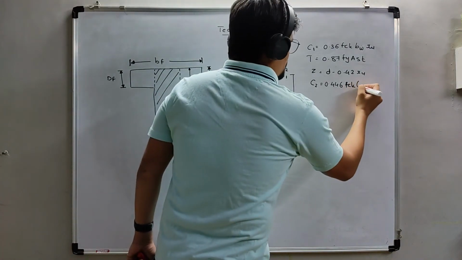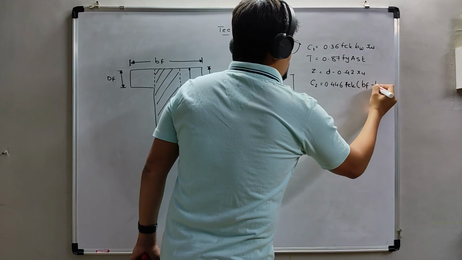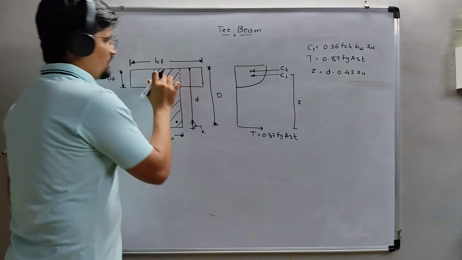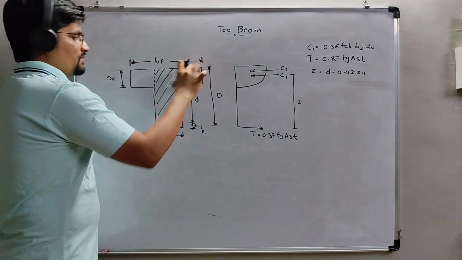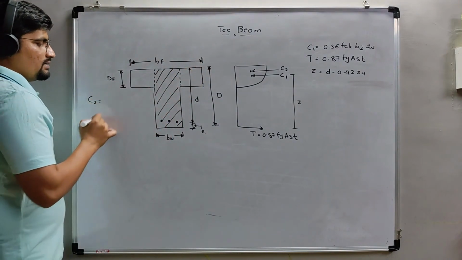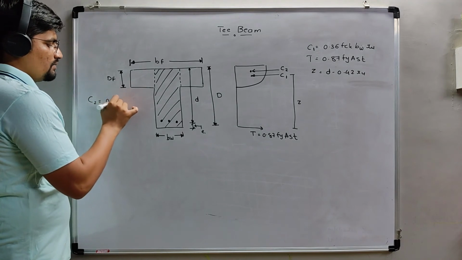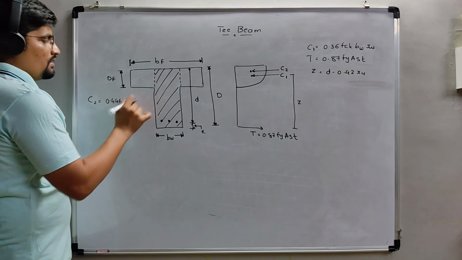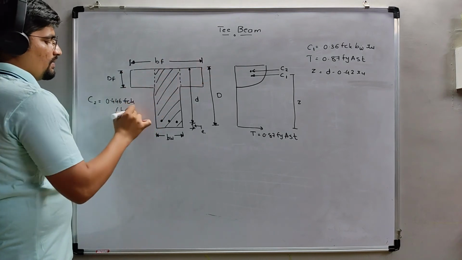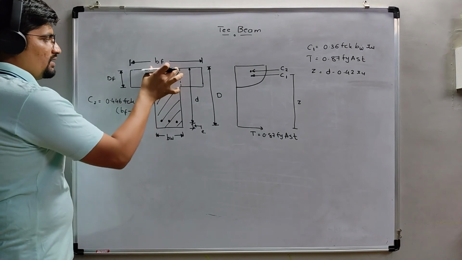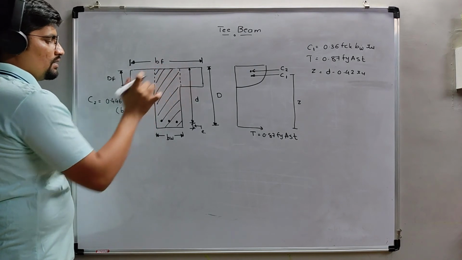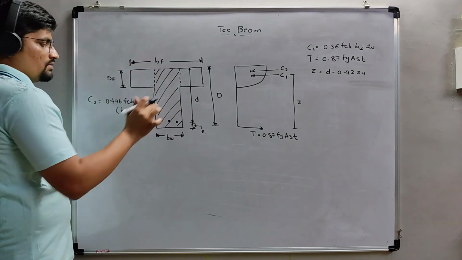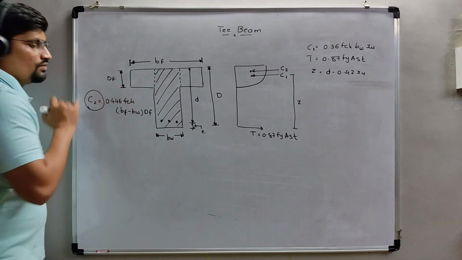So the left portion is bf minus bw. So C2 will be 0.446 fck (bf minus bw), meaning from this total length we deduct this portion, into Df, this portion.